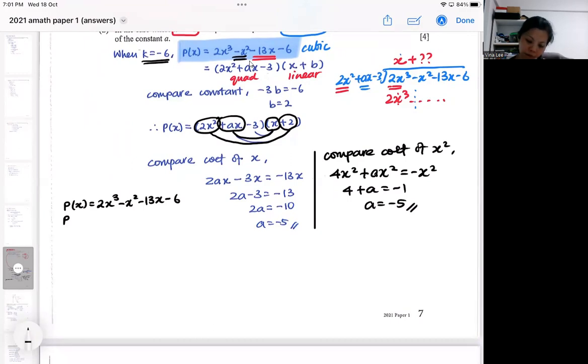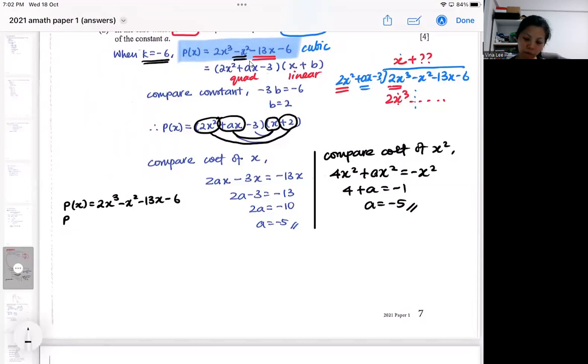Okay, let me find a factor. I have a direct factor, but I didn't want to use that first.